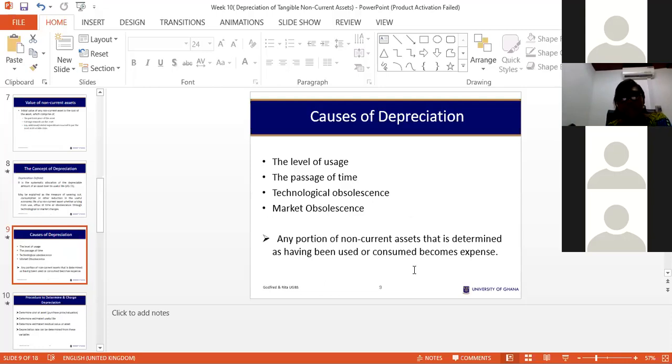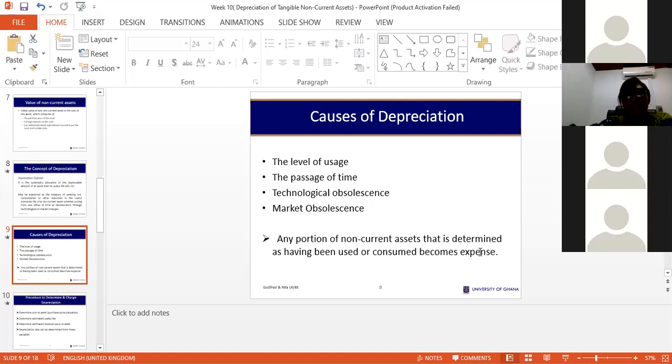Now, any portion of the non-current asset that is determined as having been used or consumed becomes an expense. So anytime we allocate that portion, what we are assuming is that it has been used. Remember, we are matching it, and we have already made a statement that the expense must match the revenue. So for the asset that we have bought, that we have determined the useful life.